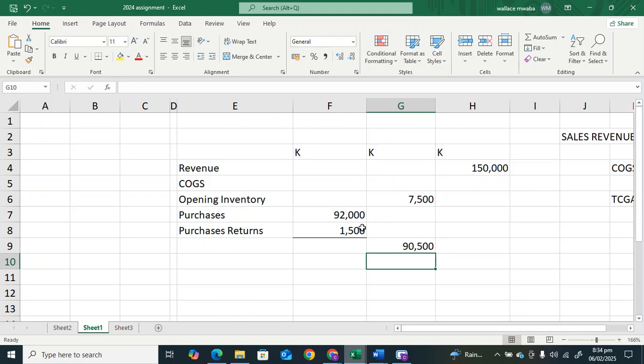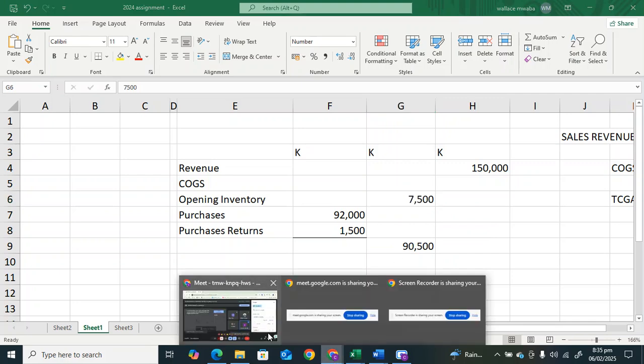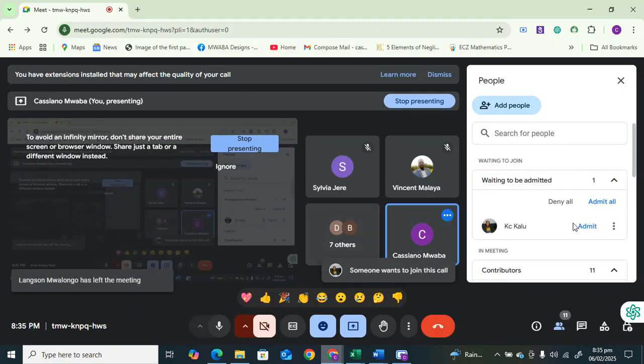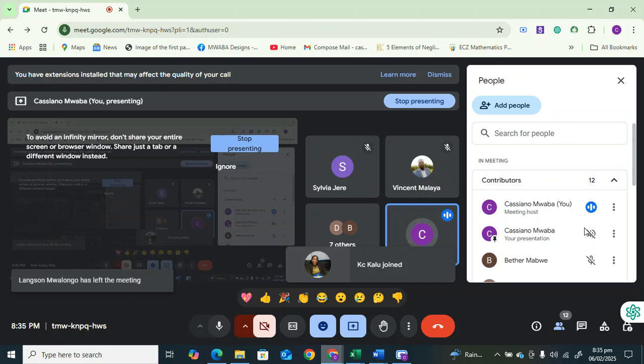90,500. So at times you might forget to add this 7,500 to the 90,500. You might just go straight and deduct closing inventory. So always pay attention to this figure above. At times you might miss it.